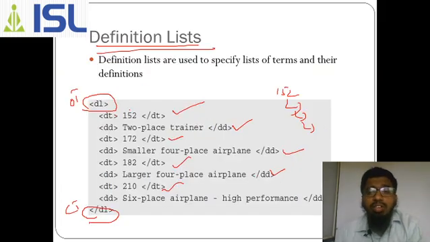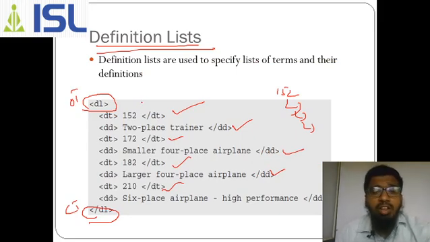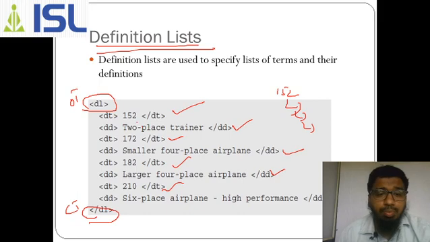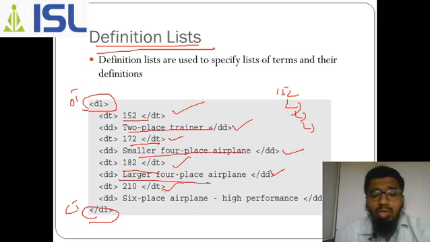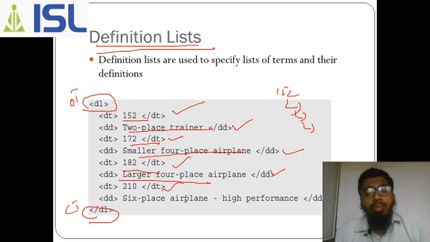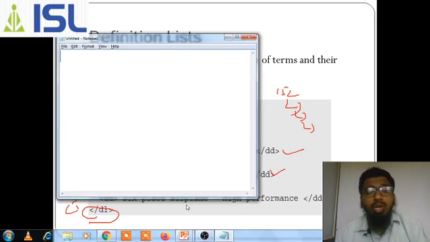And definition lists are used to specify a list of terms and their definitions. So whatever you are writing, we are giving the definition. So all these things we will do practically in our practical session.